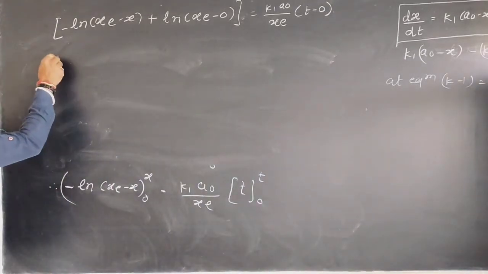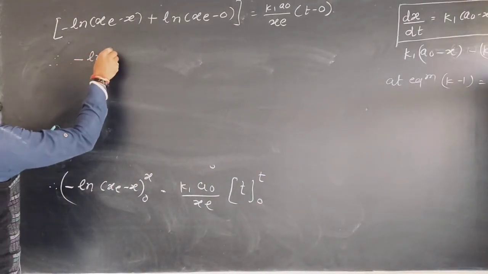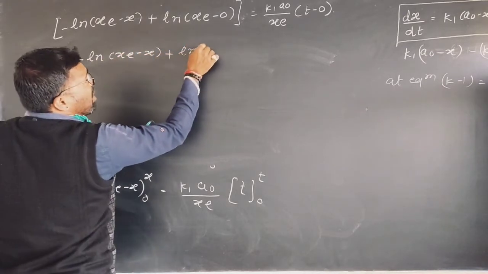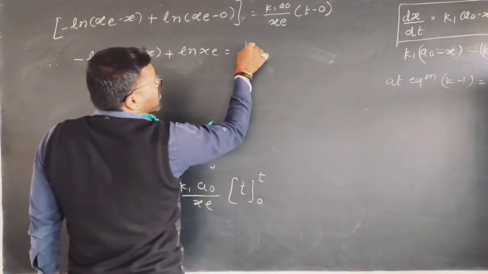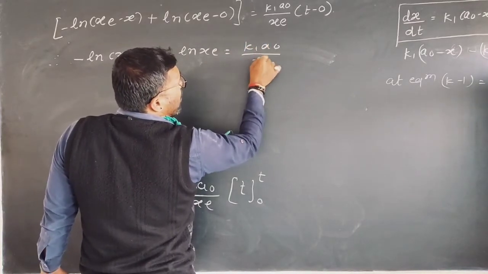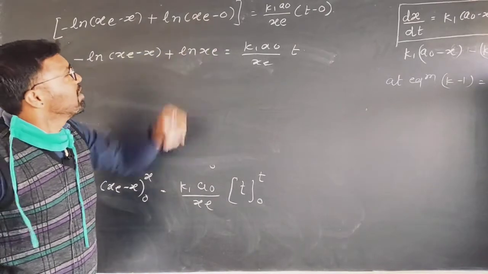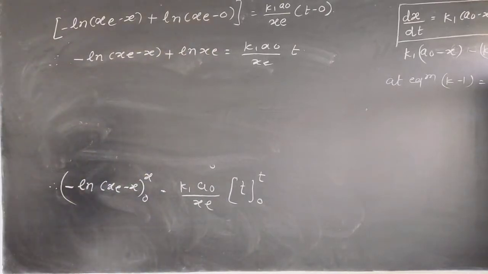Okay, then what is the value? Minus ln of xe minus x, plus ln of xe, which is equal to k1 into a0 upon xe into t minus 0, which is t. Here xe minus 0 is equal to xe.